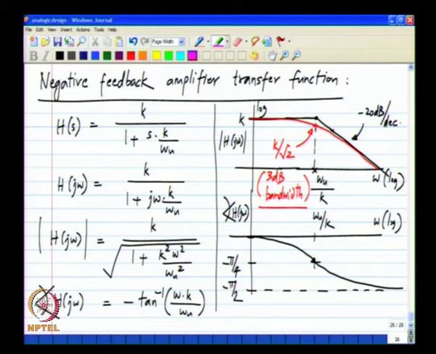So, we will see what happens to the sinusoid when you pass it through this type of an amplifier.